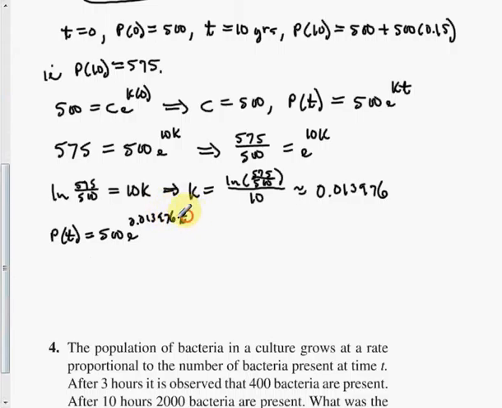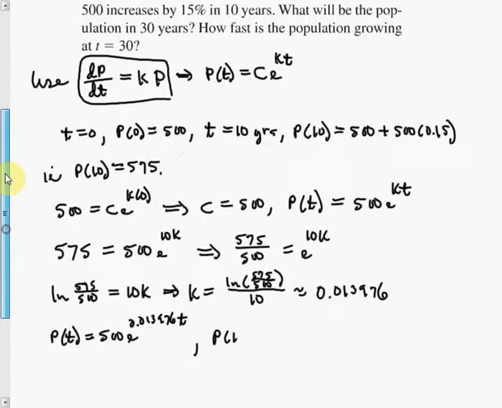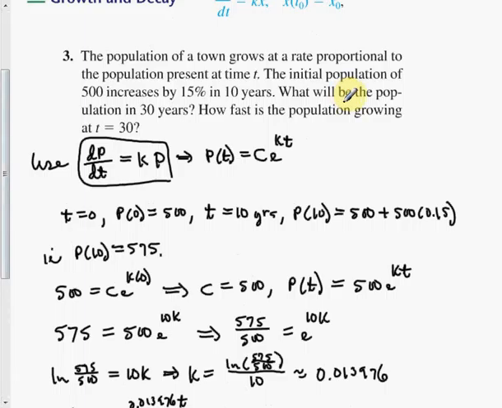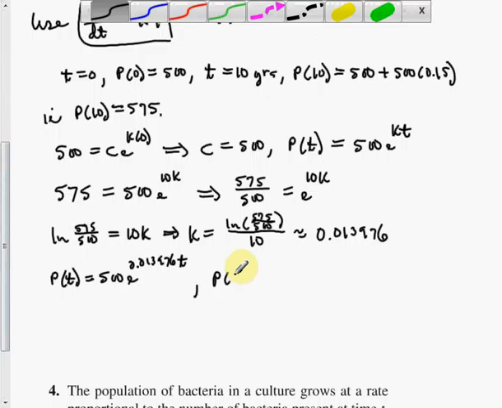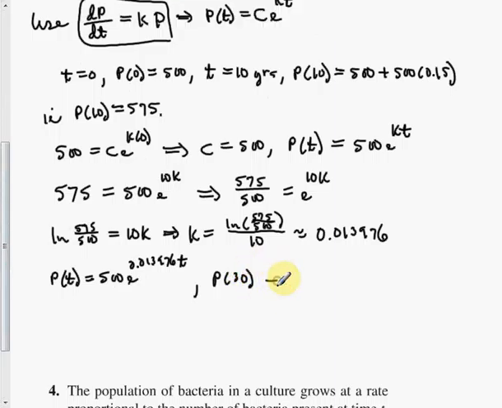And that's times t. So it says, what's the population in 10 years? I'm sorry, 30 years. We found 10. What's the population in 30 years? So P of 30 is equal to 500 times e to the 0.013976 times 30.